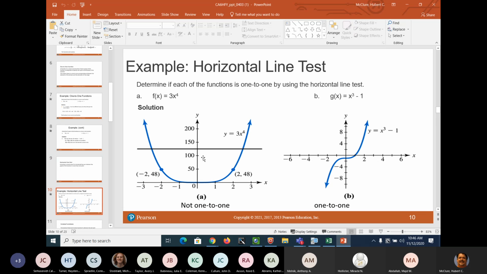This is not a 1-to-1. Because if you do a horizontal line test, you hit it at 2 points. If you do a horizontal line test here, you only hit it at 1 point. This is 1-to-1.